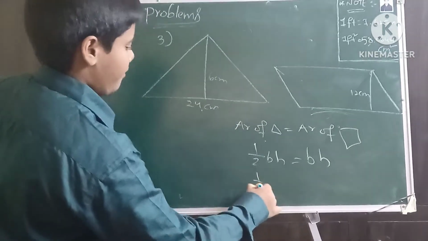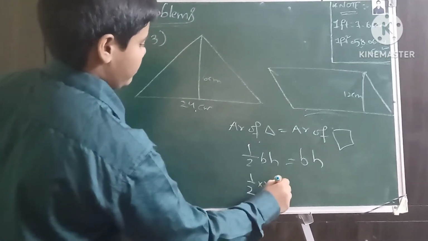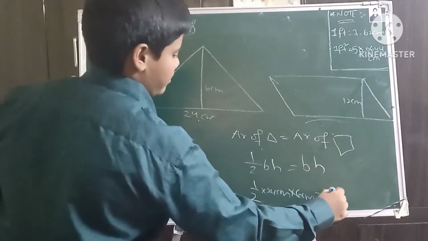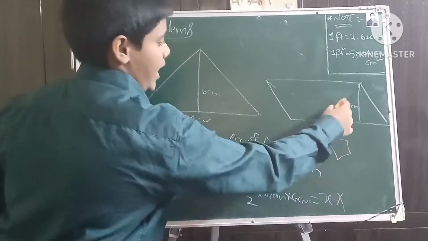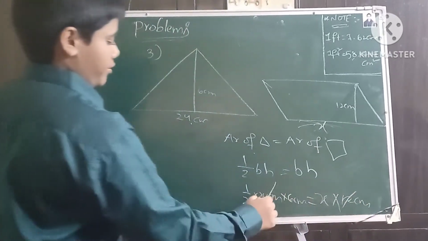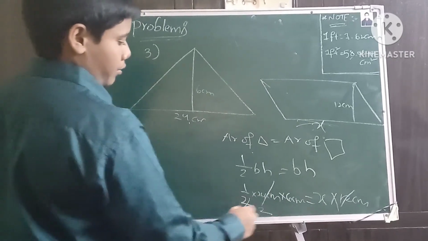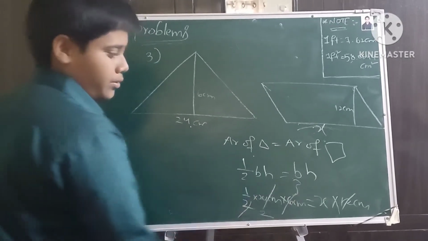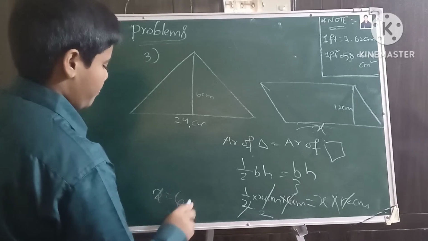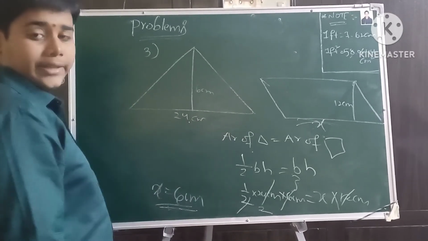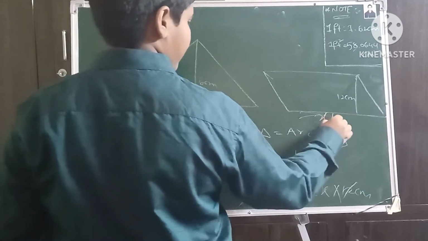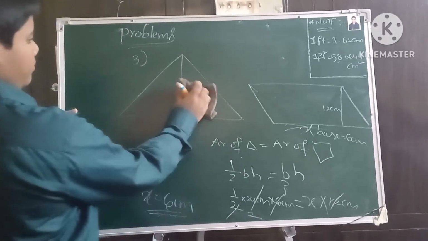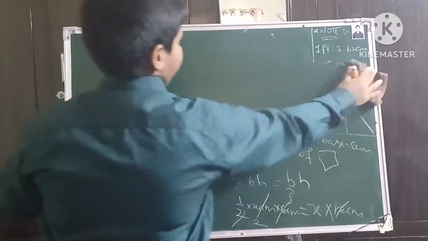Okay, half into base 24 centimeters into height 6 centimeters is equal to base x, we have to take, into height 12 centimeters. So 12 into 2, 24, and 2 3s are 6, and the 3 into 2 is 6 centimeters. So x is equal to 6 centimeters. Okay, here base is equal to 6 centimeters. Okay, so today's topic is completed.